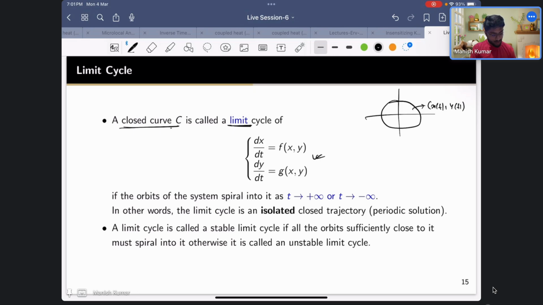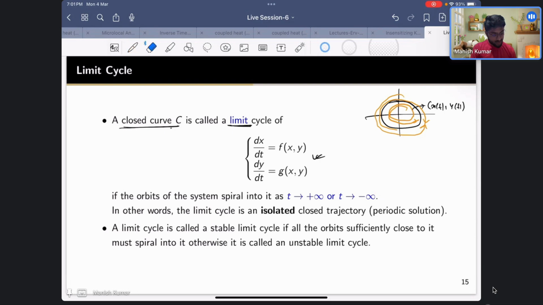if the orbits of the system spiral into it. If you take any other orbit, meaning any other solution, the trajectory will either converge to this one or diverge. So maybe the arrow can be like this or this. Either as t goes to infinity it goes to that curve, or as t goes to minus infinity it goes to that curve.